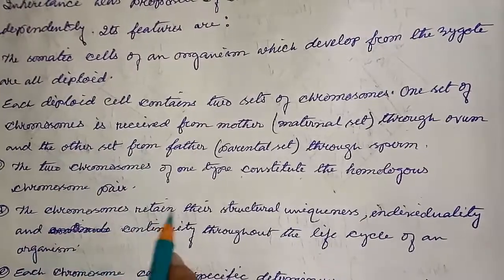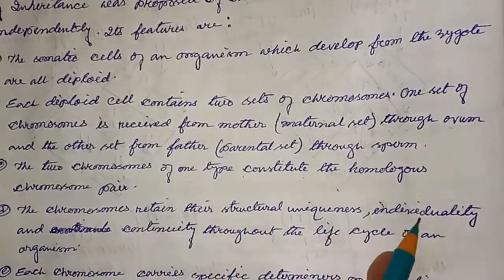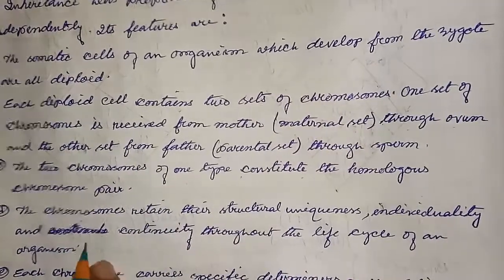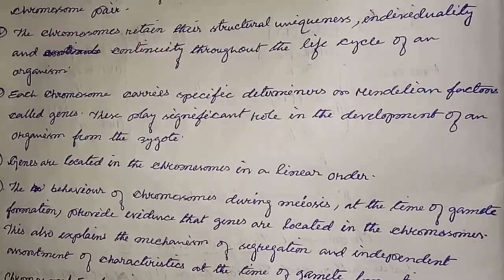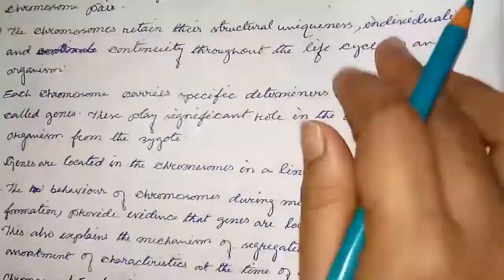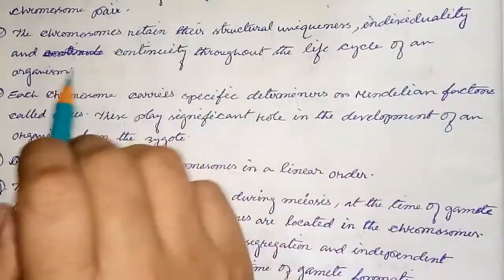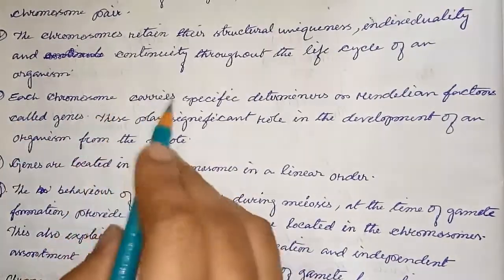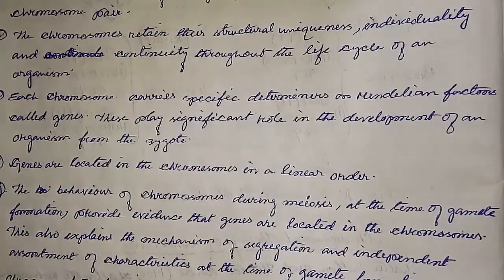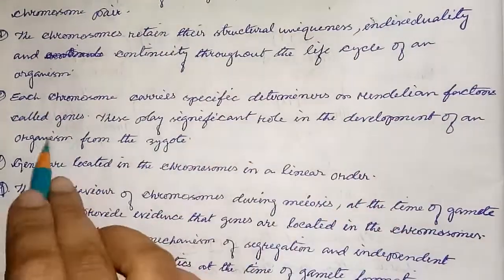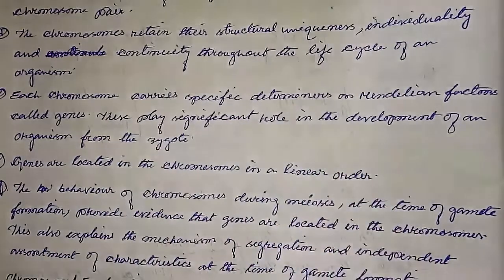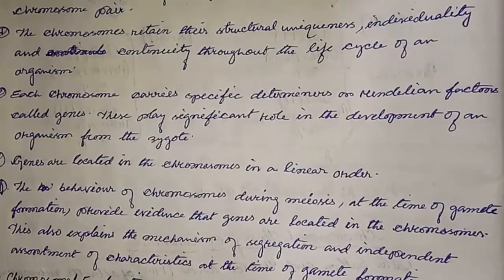Next, the chromosomes retain their structural uniqueness, individuality and continuity throughout the life cycle of an organism. Next, each chromosome carries specific determinants or Mendelian factors called genes. These play a significant role in the development of an organism from the zygote.